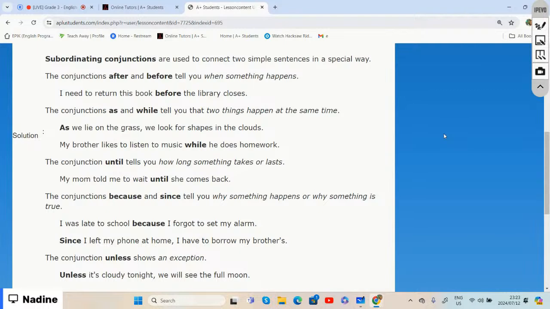Yes, before is correct. And it's best to know what the subordinating conjunction means.